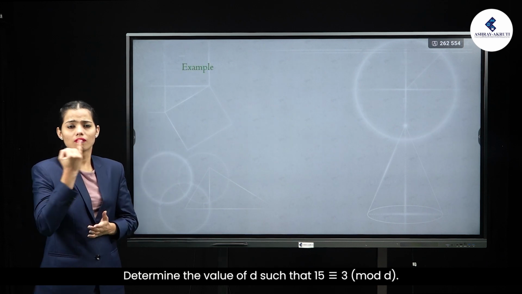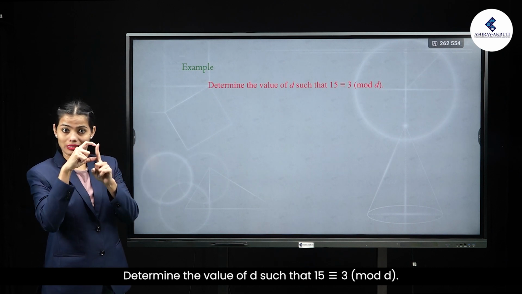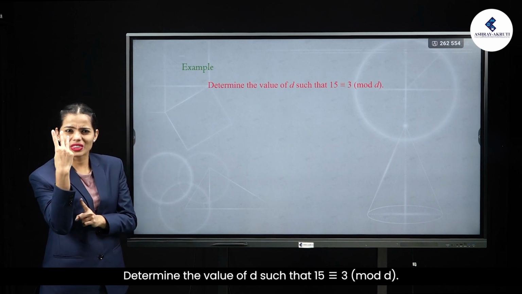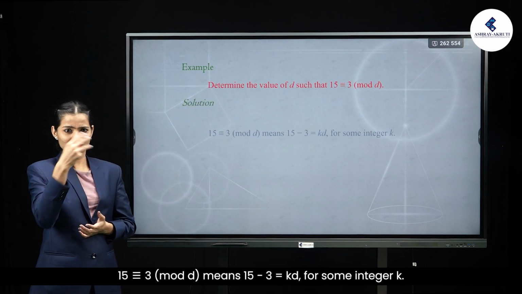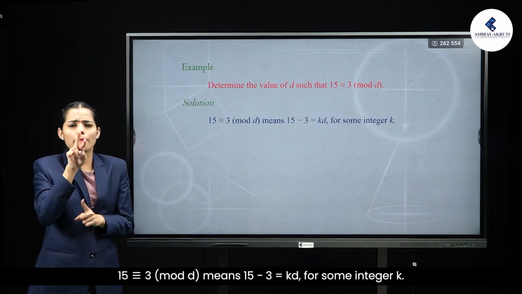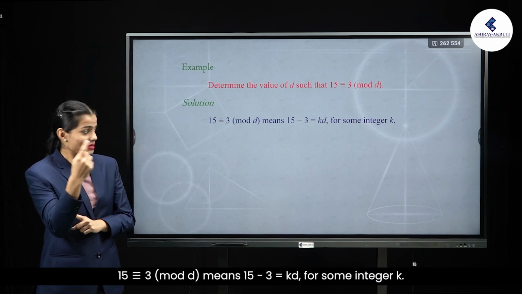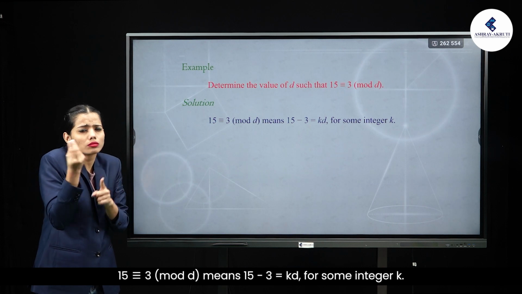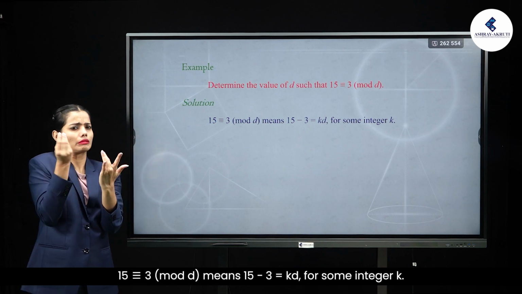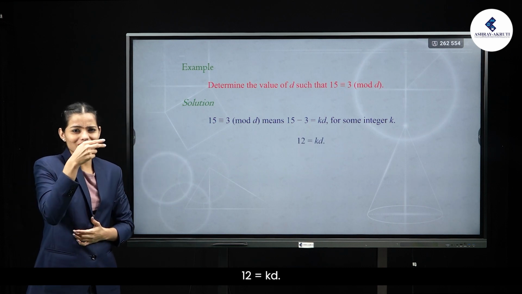Example: determine the value of d such that 15 is equal to 3 mod d. Solution: 15 is equal to 3 mod d means 15 minus 3 is equal to kd for some integer k. 12 is equal to kd.